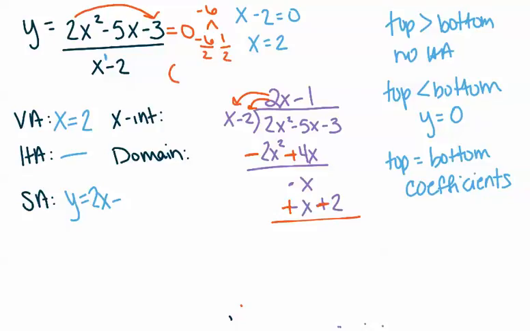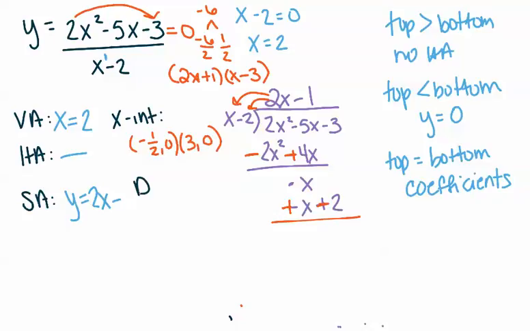So we factor that into 2x plus 1 and x minus 3. So that means my x-intercepts are going to have ordered pairs of negative 1/2, 0 and 3, 0. So we solved for x there, and then for x-intercepts, you want to make sure you're writing those as ordered pairs.